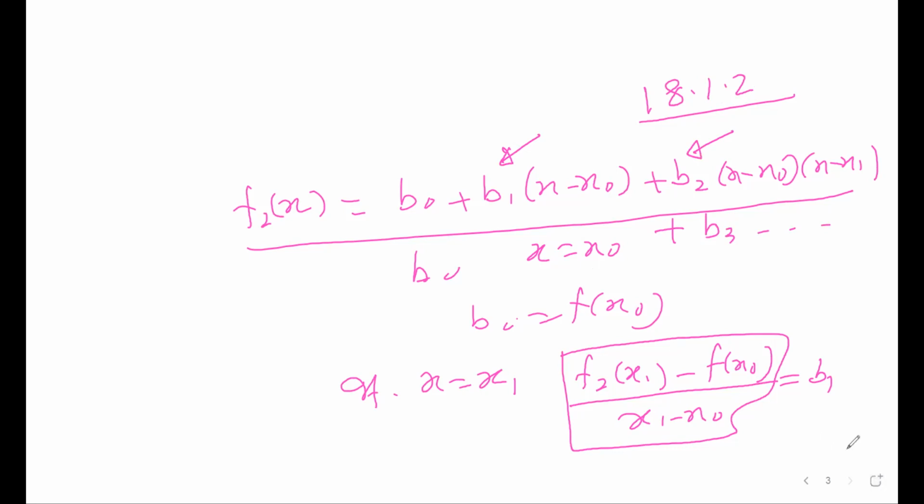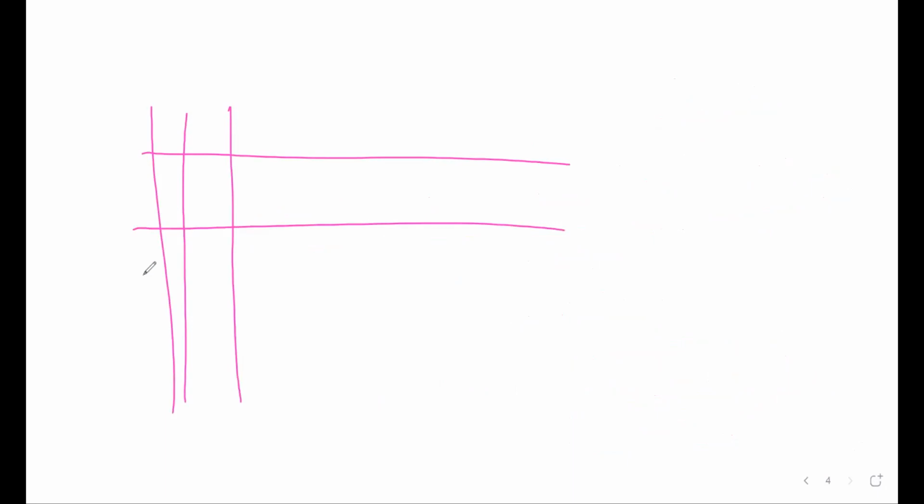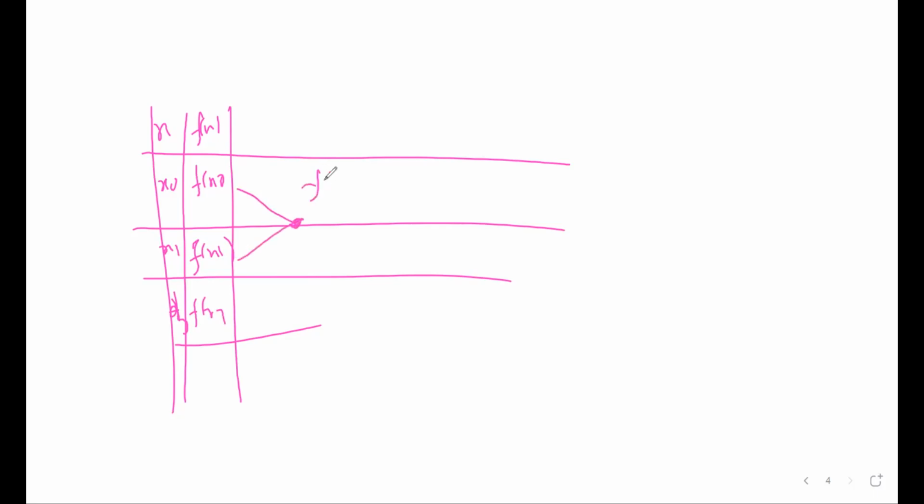And later we use this by using a table, isn't it? We generate a data table. Using this table, this is your x, x0 was there, f(x0) was there, f(x1) was there, x3, f(x3) was there, isn't it? Then we use these two to find the difference, f(x1) minus f(x0) divided by h, isn't it?